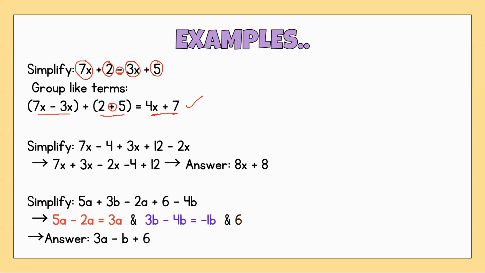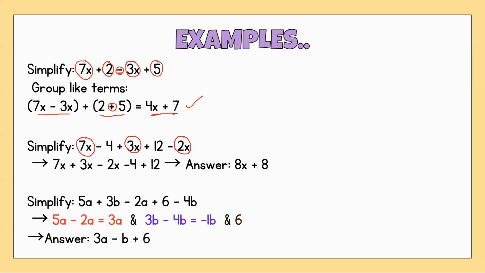Let's simplify 7x minus 4 plus 3x plus 12 minus 2x. Now we have some like terms which are 7x, 3x and 2x.